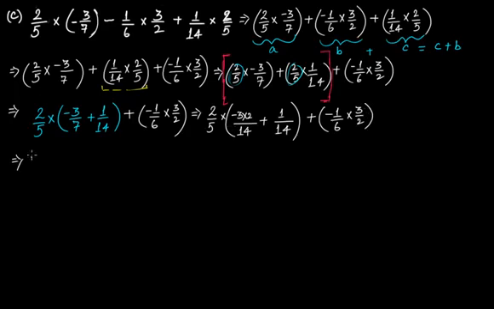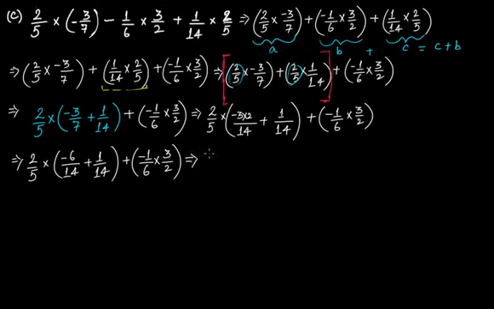Now this becomes 2/5 times minus 6/14 plus 1/14 plus minus 1/6 times 3/2.